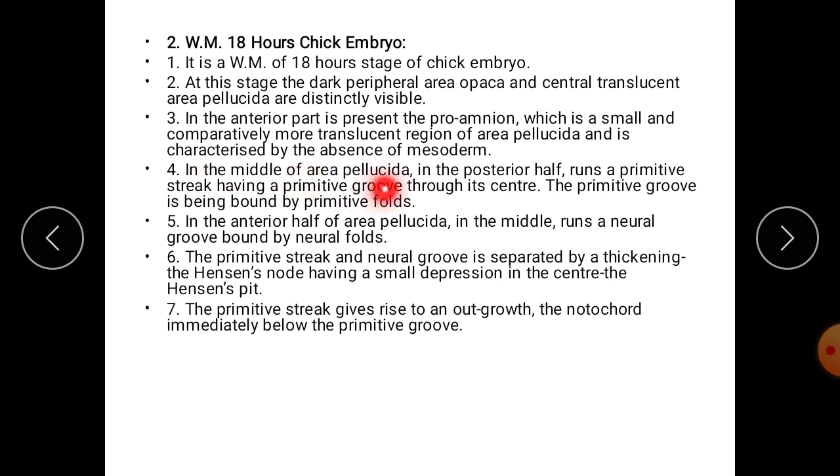In the middle of area pellucida, in the posterior half, runs a primitive streak having a primitive groove through its center. The primitive groove is bound by primitive folds. In the anterior half of area pellucida, in the middle runs a neural groove bound by neural folds.